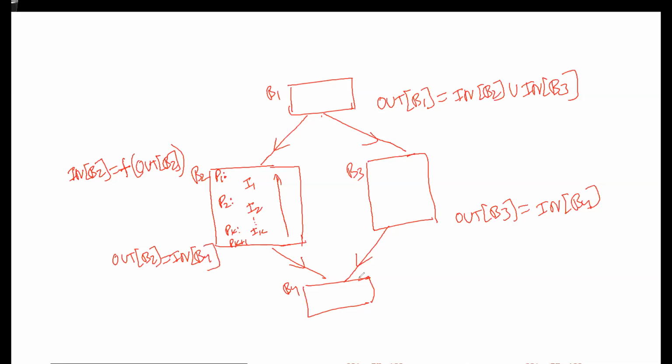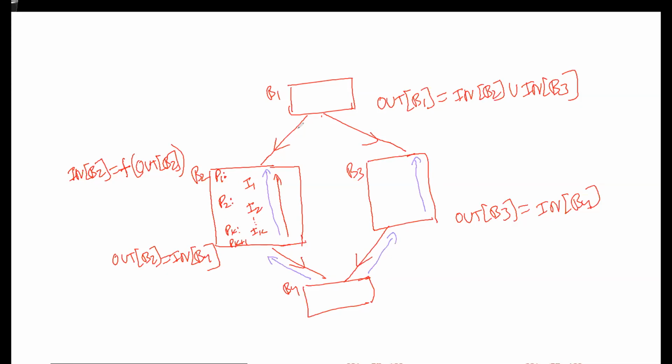So if we know the variables that are live here, we can use that information to compute the variables that are live here, and we can use that information to compute the variables that are live here. Similarly, we can do the same here. Compute the variables that are live here, and then compute the variables that are live at the beginning of basic block B2.